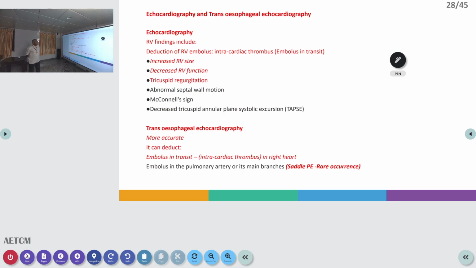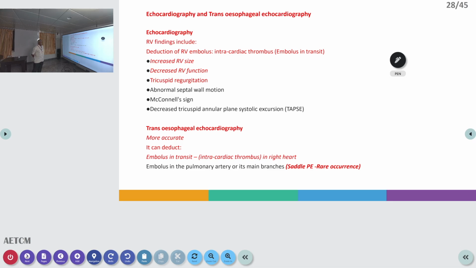Echocardiography will give certain important findings. We can find increased RV size, decreased RV function, tricuspid regurgitation, and so many other things. Transesophageal echocardiography is most accurate. It can even detect the embolus present in the right heart, that is, the emboli in transit.